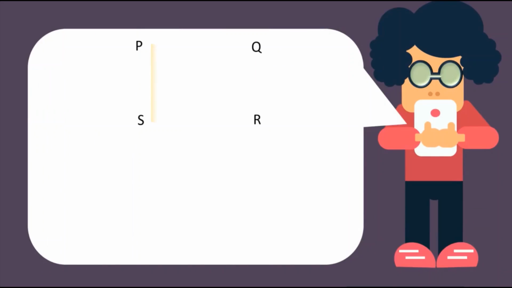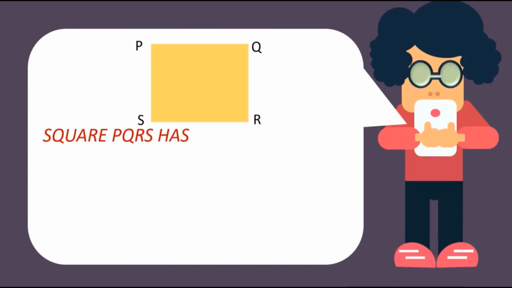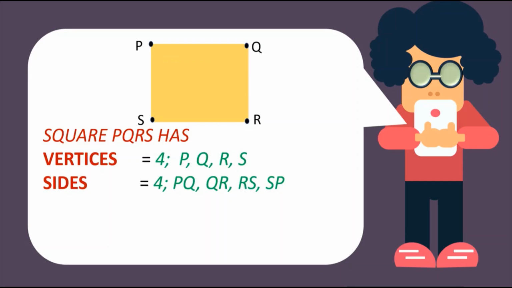Next is a square. So here, square PQRS has 4 vertices. 4 vertices means 4 corners and they are P, Q, R, S. Sides, again there are 4 sides.